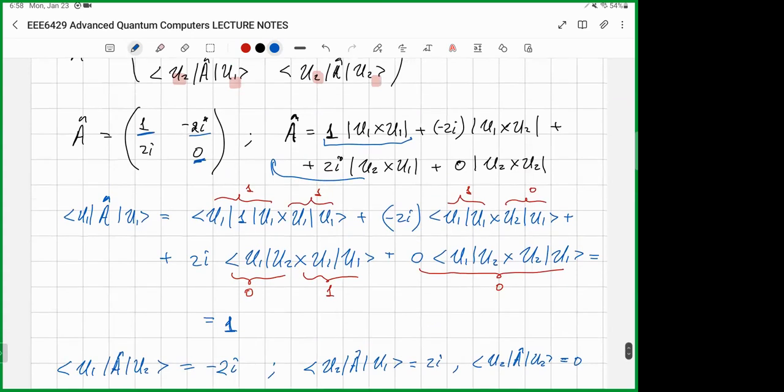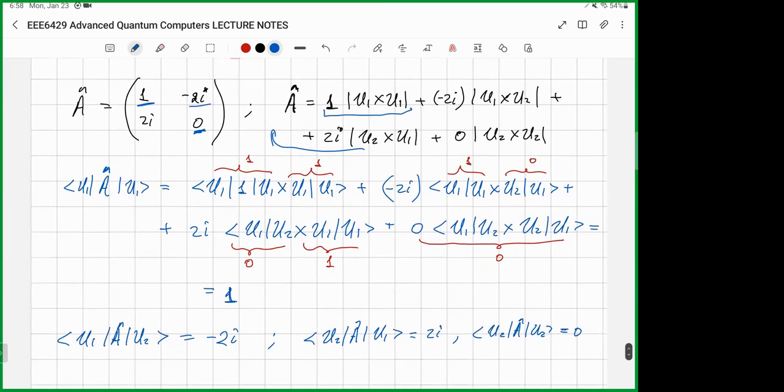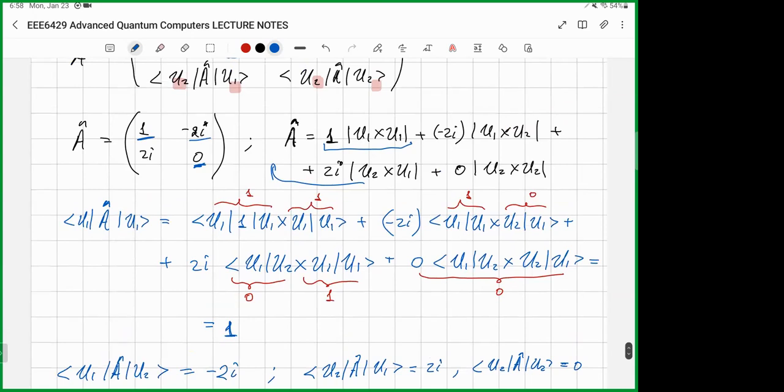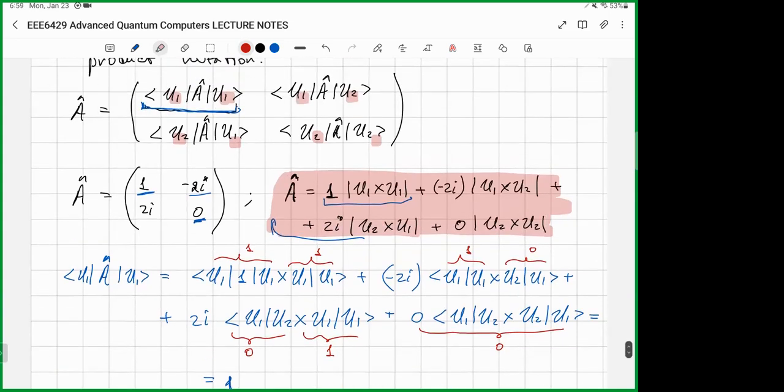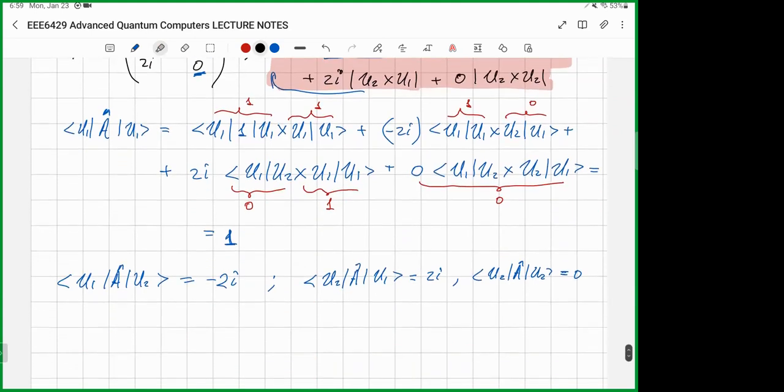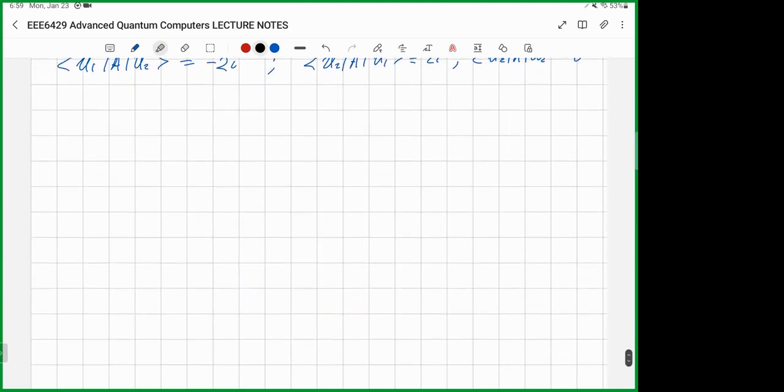So this means that this representation of this operator is fair. This means that you can write an operator in the outer product notation.